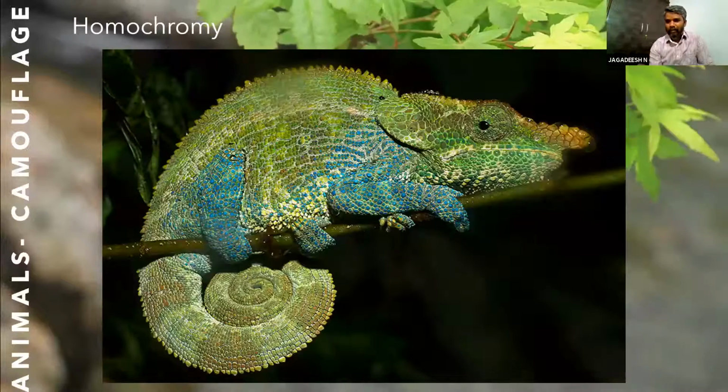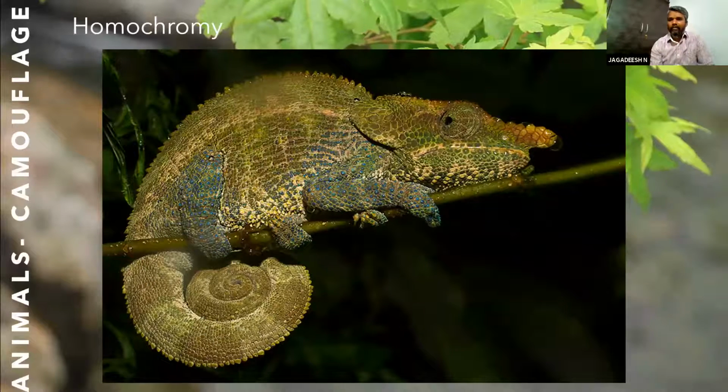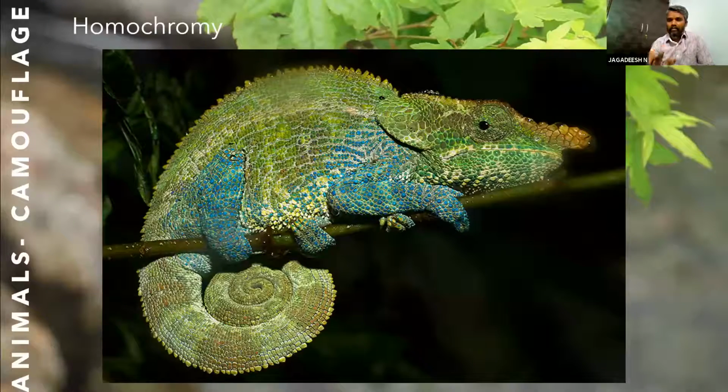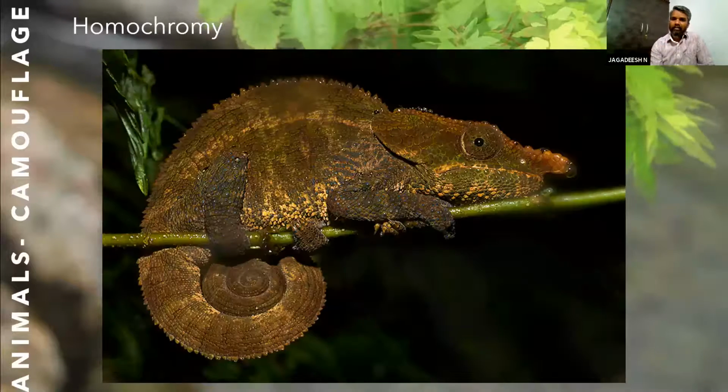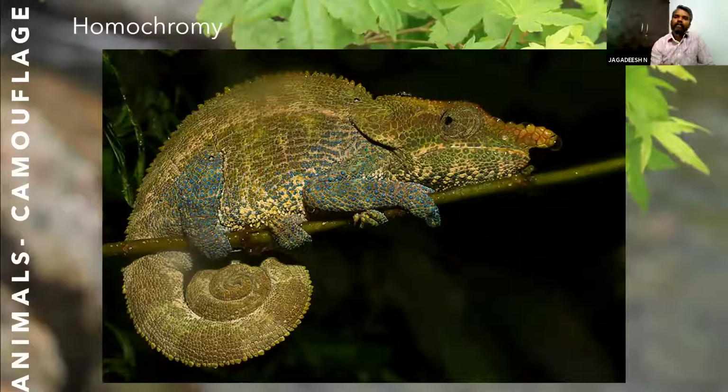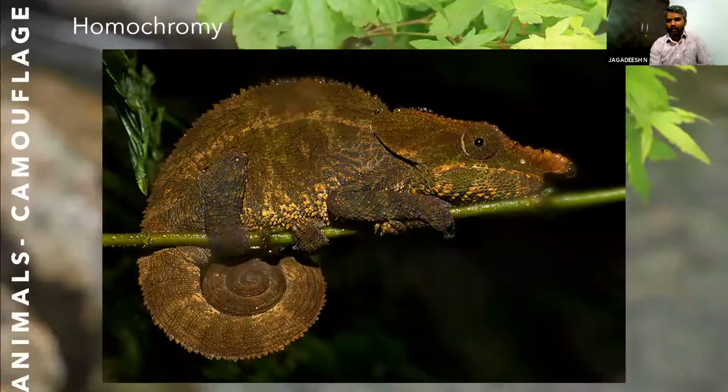So they rearrange and change their color. One more example is the octopus. The octopus living in the seas also will change their body colors to match their background.